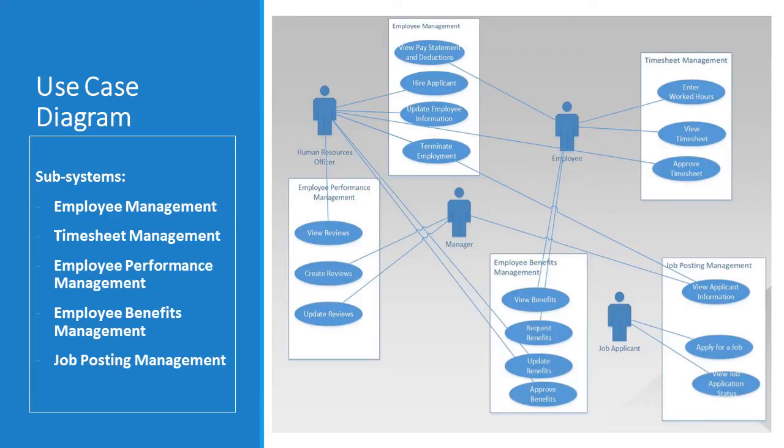The human resource officer will be able to view employee performance reviews. And what's very interesting, the human resource officer will administer and be able to view applicant information within the job posting management. So the human resource officer really will have the administrative role throughout all these 5 subsystems.